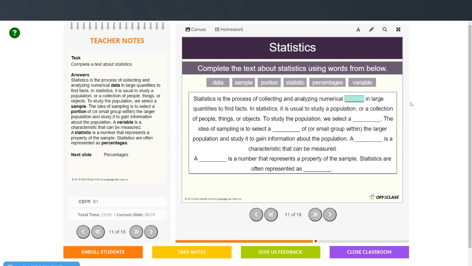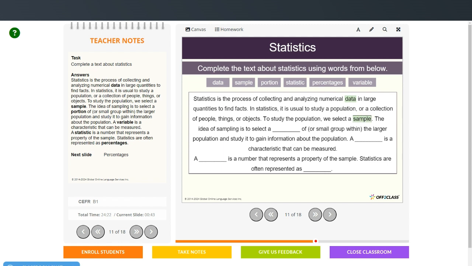All right, so statistics is the process of collecting and analyzing numerical data in large quantities to find facts. In statistics, it is usual to study a population, or a collection of people, things, or objects. To study the population, we select a sample.